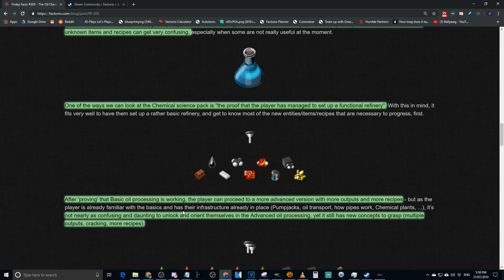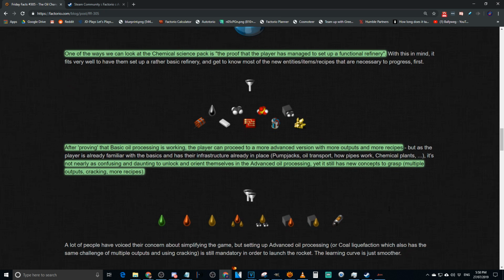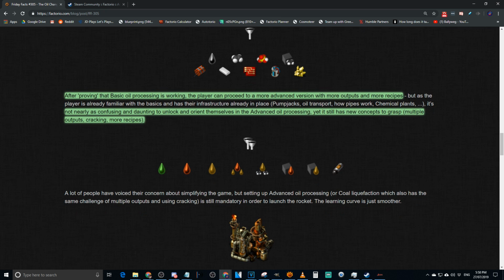So after proving that basic oil is working, a player can then proceed to the more advanced version with more outputs and more recipes. It's not nearly as confusing and daunting to unlock and orientate themselves with advanced oil processing, because they've already learnt a lot in basic oil processing, yet it still has new concepts to grasp: multiple outputs, cracking, more recipes.